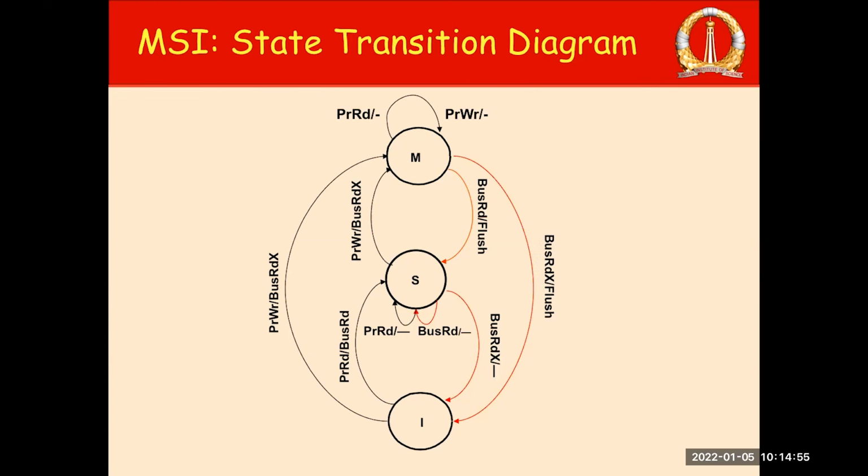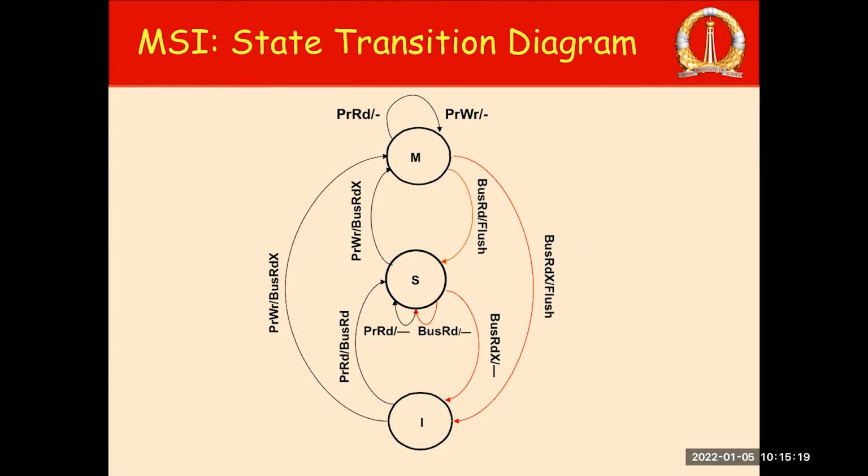That is when the bus read X signal will come. And when it comes, P3 has the modified copy of U is equal to 7, so it has to write that value back into the memory. That is the flush part of it.